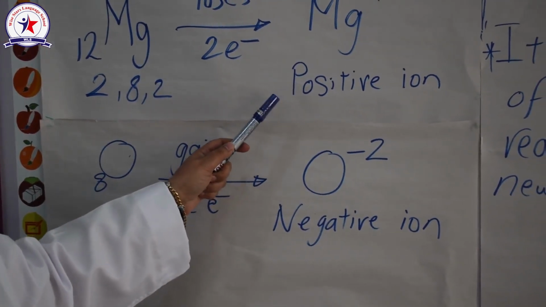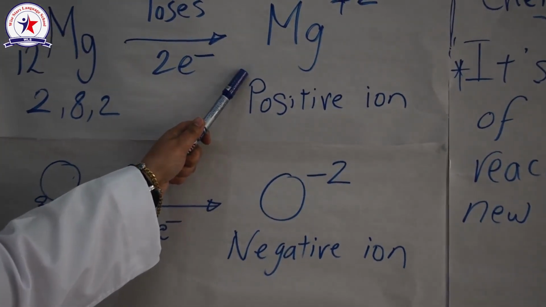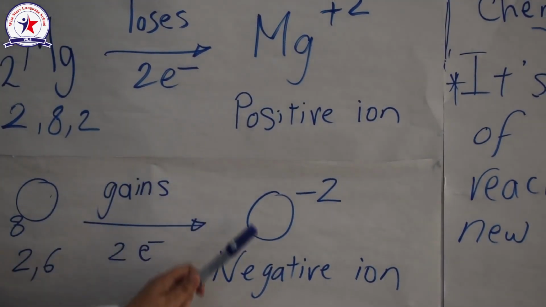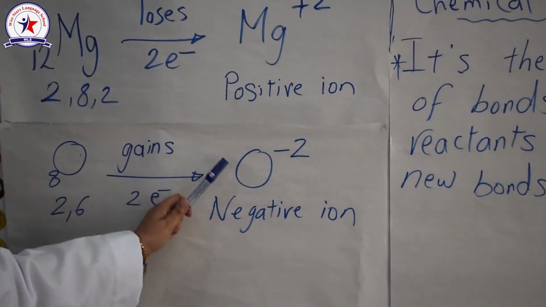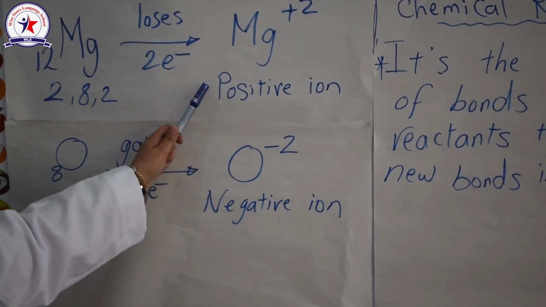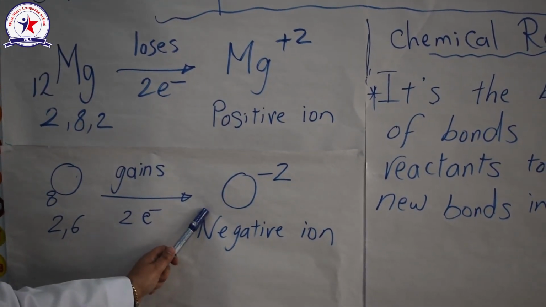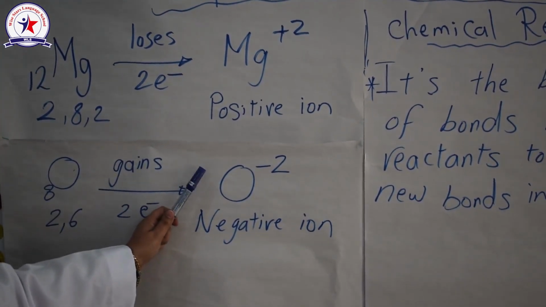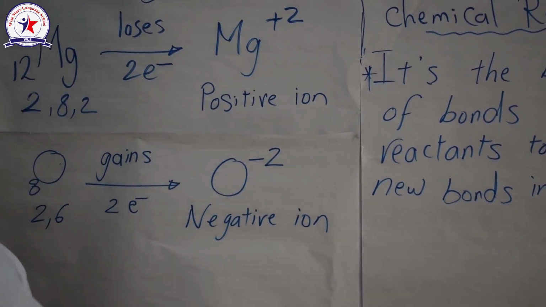So now we are going to observe the reaction between the positive ion of magnesium and the negative ion of oxygen. This reaction occurs between 2 different elements, metal and non-metal. But this reaction needs heat, as we are going to see now.